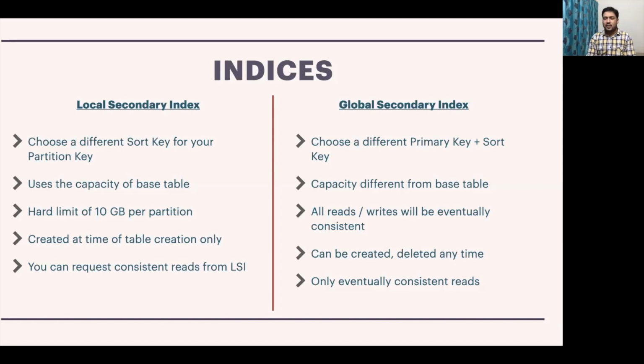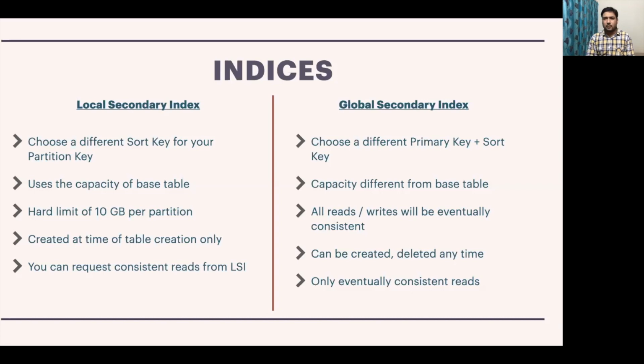A global secondary index is something which allows you to choose a different primary key and a sort key altogether for your table. So basically, it is like creating a replica of your table, but having a different partition key and a different sort key. The capacity for the global secondary index does not depend on the base table, and you need to define it separately altogether.